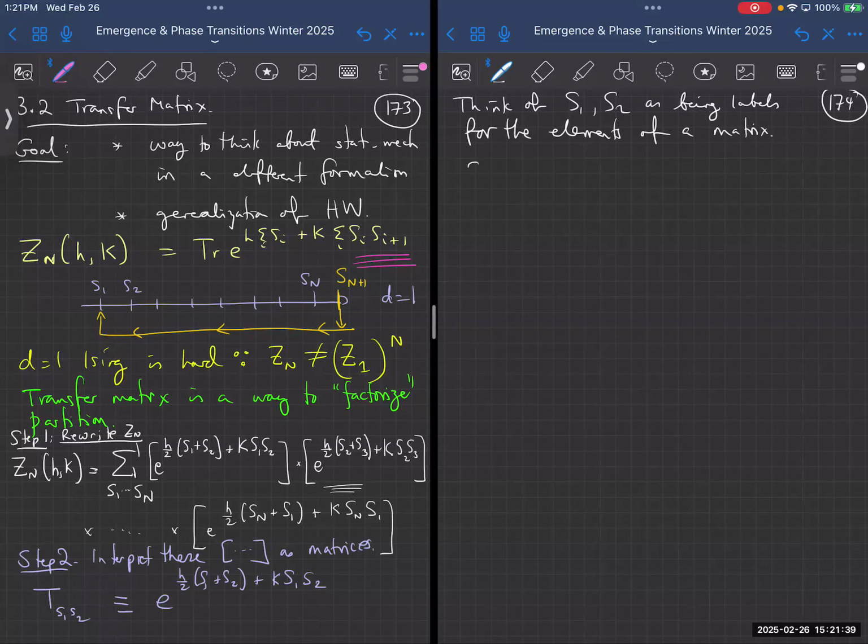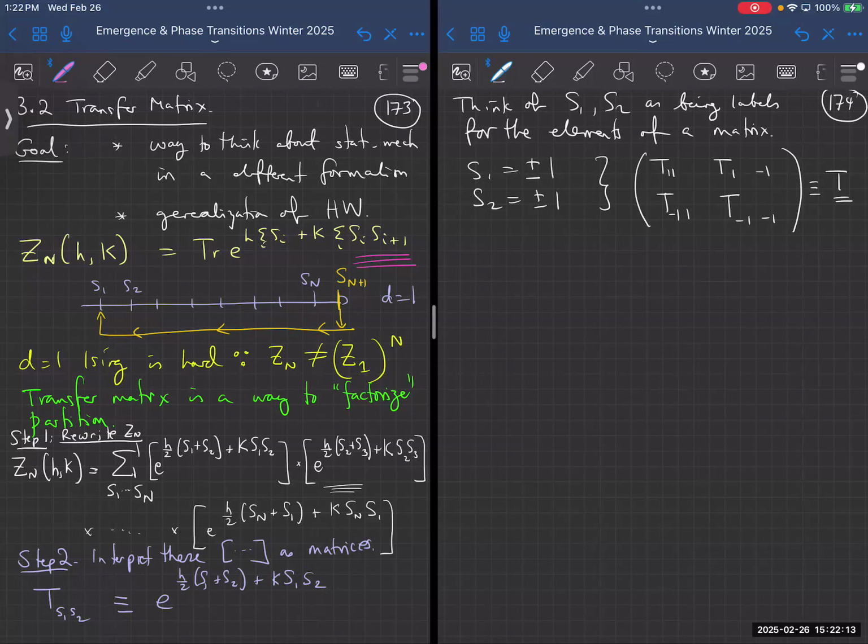So S1 can be plus or minus 1, S2 can be plus or minus 1, and so that generates four numbers, T(1,1), T(1,-1), T(-1,1), and T(-1,-1). And I'm going to put those things into a matrix like this, and this thing is my transfer matrix. So that's how I'm defining it.